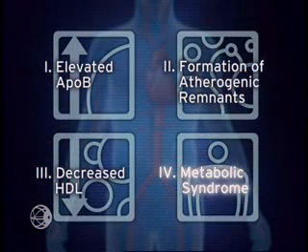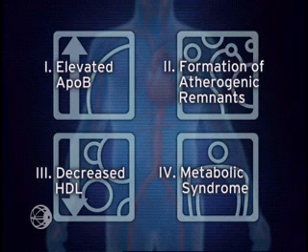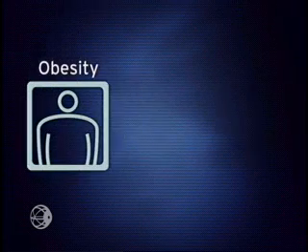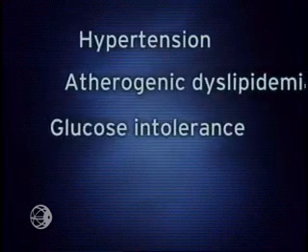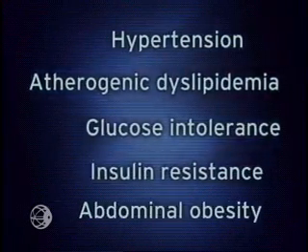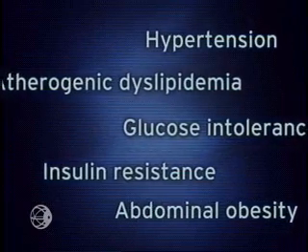Metabolic syndrome, an emerging epidemic of Western society, affects nearly 50 million people in the United States. Root causes include obesity, physical inactivity, and genetic factors. Multiple pathologic conditions related to the root causes closely interplay in this complex disease.